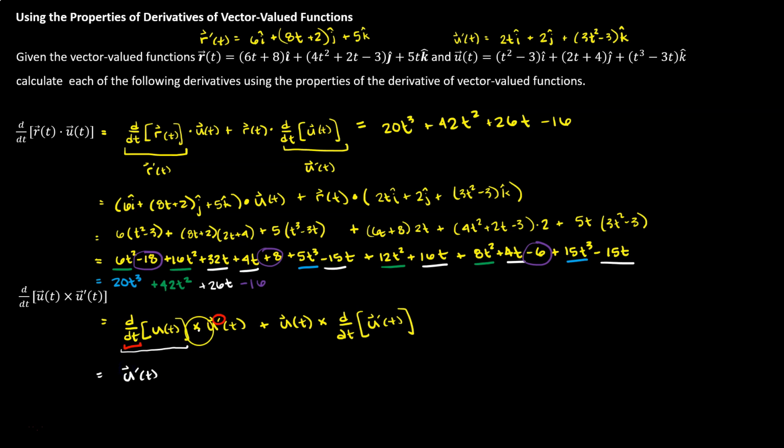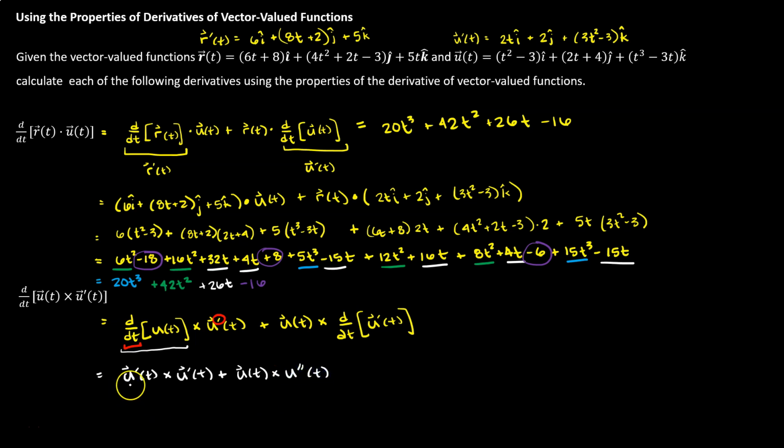And then I'm crossing that with u prime of t. So transitioning to where we're using the same notation can show us that we're crossing the vector with itself. And then in this next one over here, we have u of t crossed with u double prime of t.